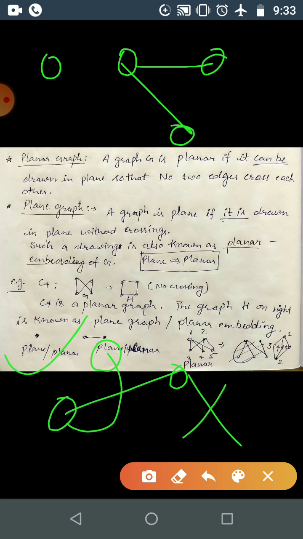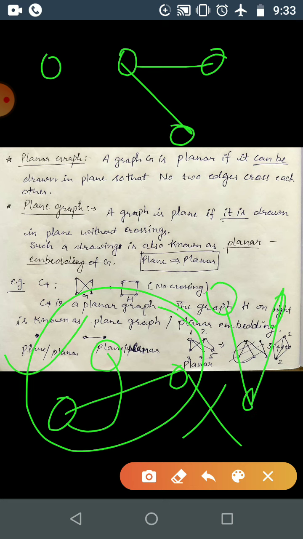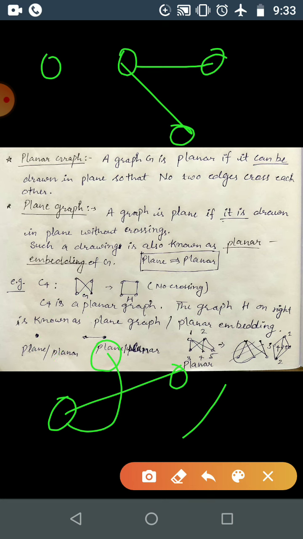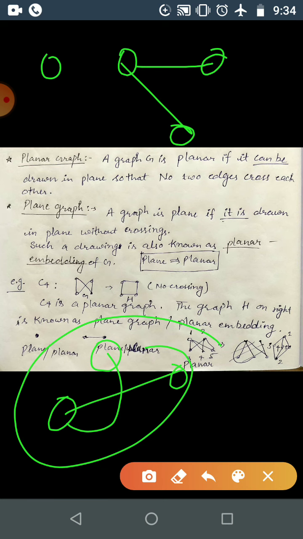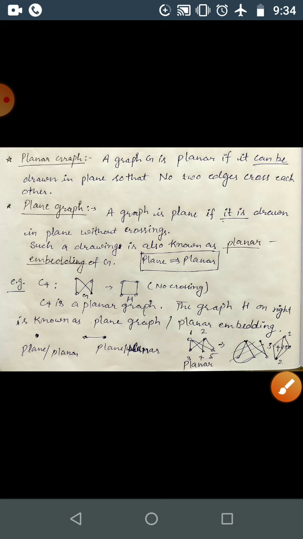This is planar because it can be redrawn as P3 without crossing each other. But at this moment it is not plane. So this is planar but not plane. I hope you understood the difference between planar and plane graphs.